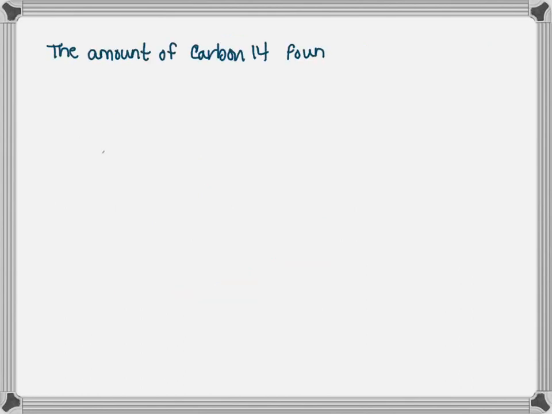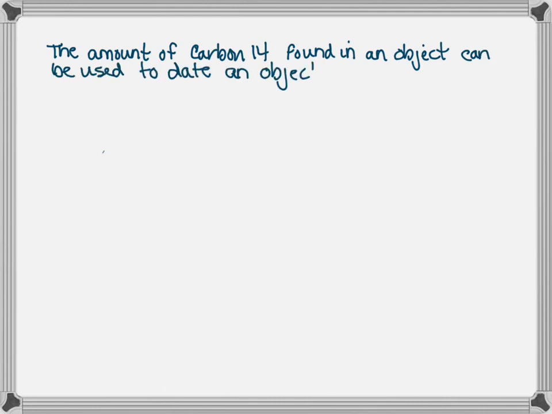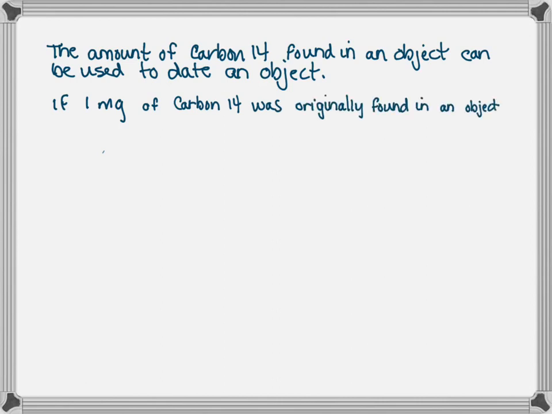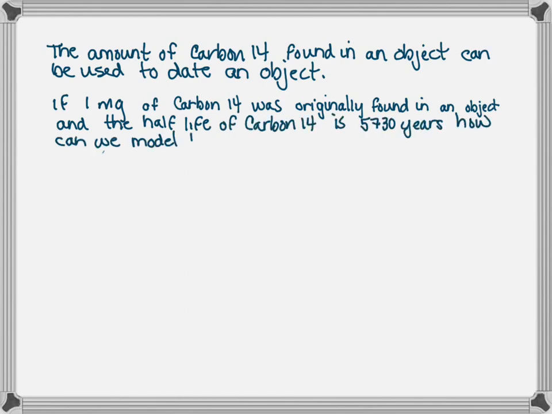Okay, let's look at another example. The amount of carbon-14 found in an object can be used to date an object, as in tell how old it is. If 1 milligram of carbon-14 was originally found in an object, and the half-life of carbon-14 is 5,730 years, how can we model this with an equation?